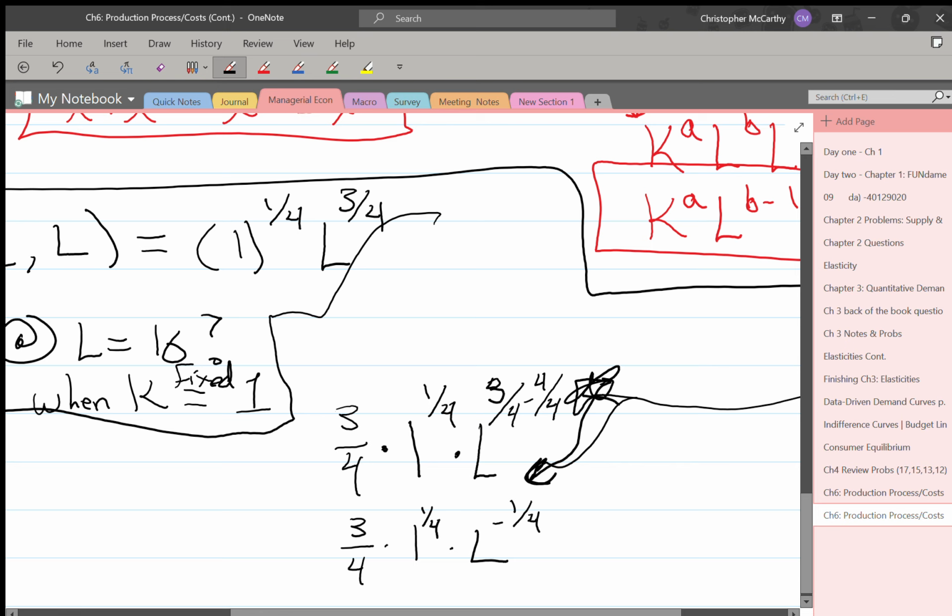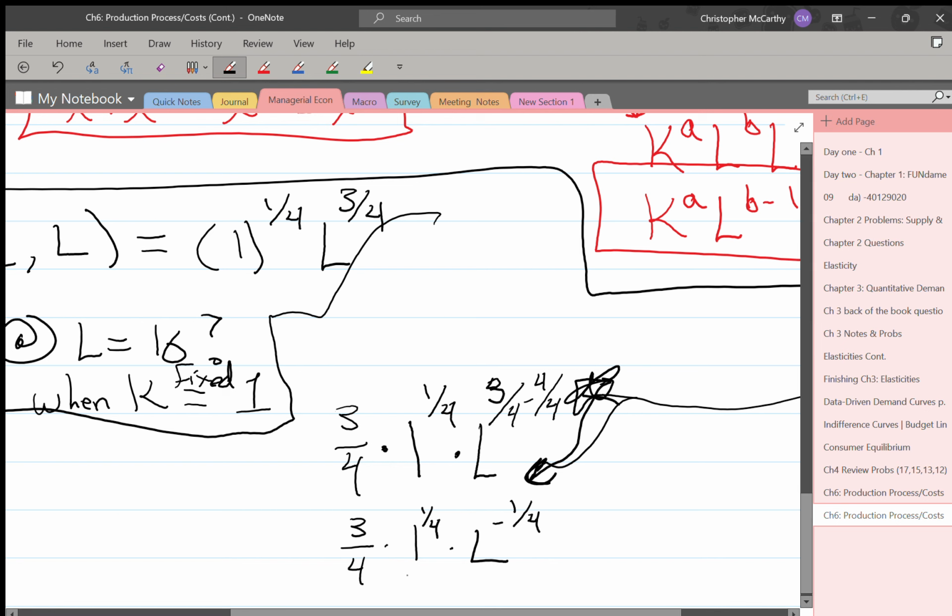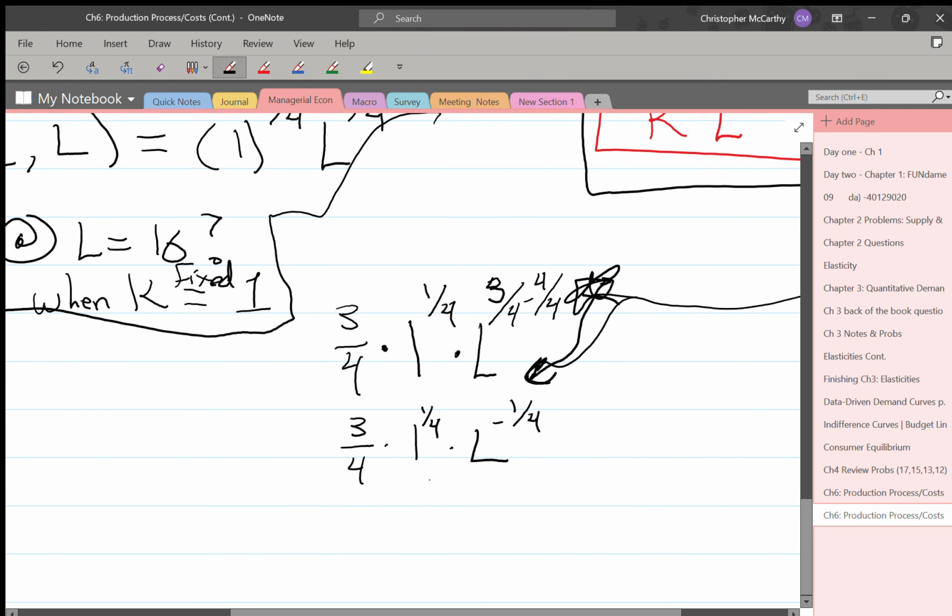What's 1 to the 1/4 power? What's the quad root of 1? What times 1 times 1 times 1 equals 1? 1. 1 to the any power is 1.